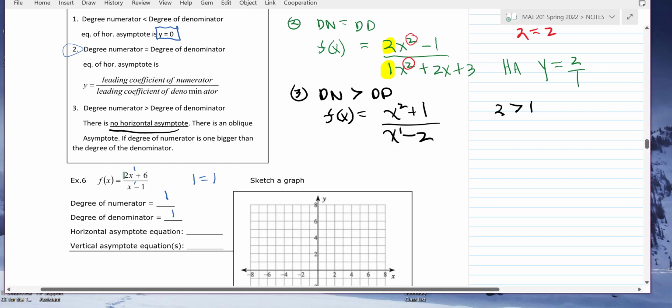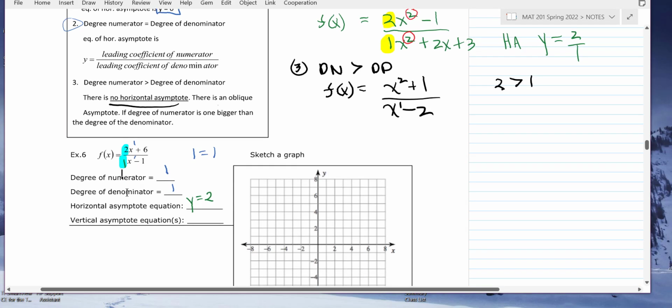So the leading coefficients are the numbers in front of your highest powers. So you would have y equals 2 over 1, so y equals 2 is your horizontal asymptote. Okay? All right, if you do a vertical asymptote, the vertical asymptote occurs where the denominator is equal to 0.